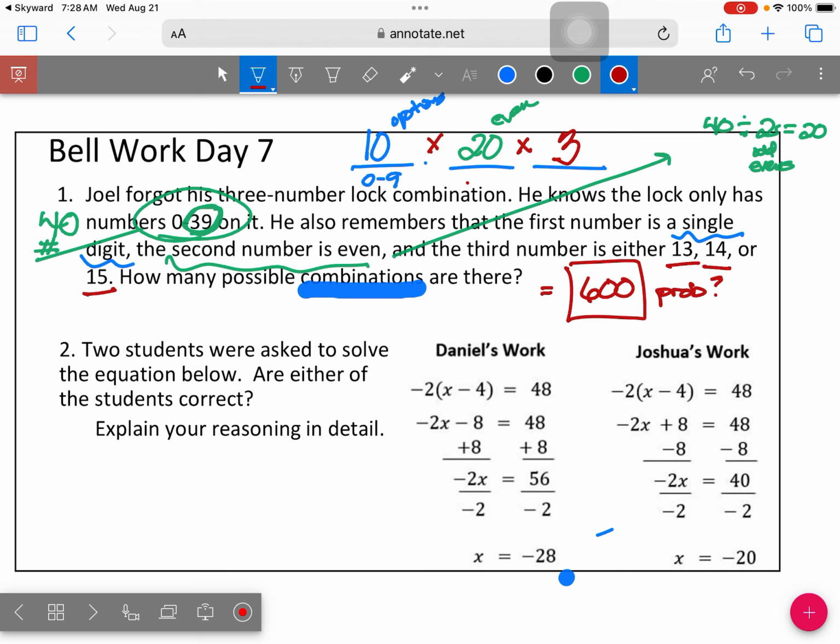So, number 1, a coin is tossed and a 6-sided die is rolled together. What's the probability that the coin shows tails and the die shows a 3? So we're going to write this as the probability of getting tails and getting a 3. Now, we've seen that symbol for and before.